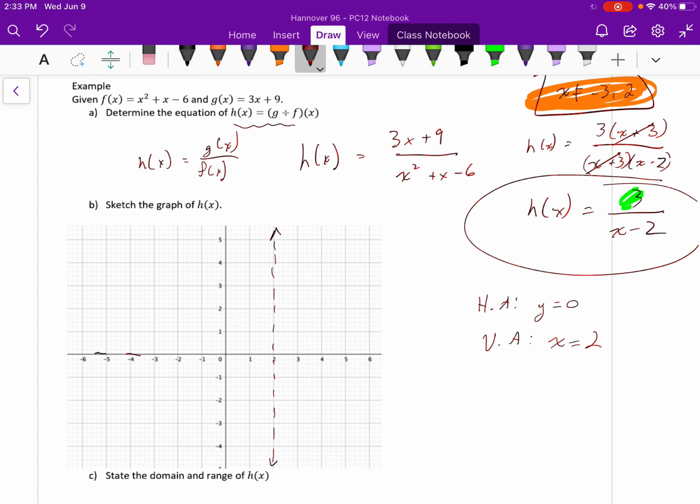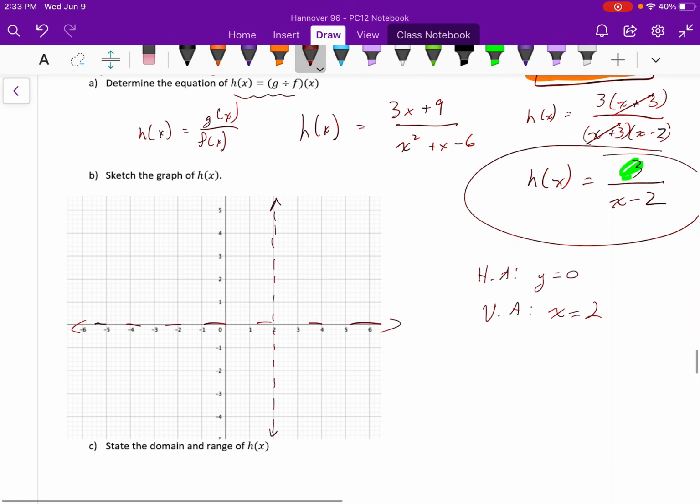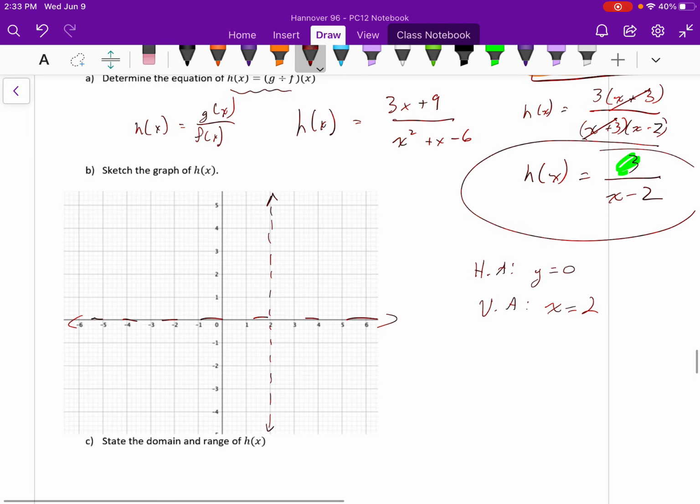There we have it, horizontal asymptote at y is equal to 0. And I can simply graph this with a table of values, just like in previous units.